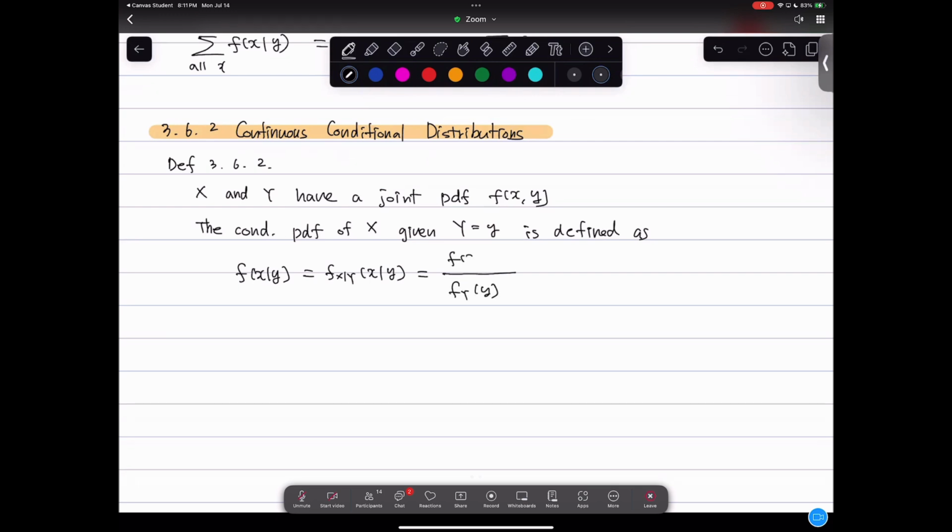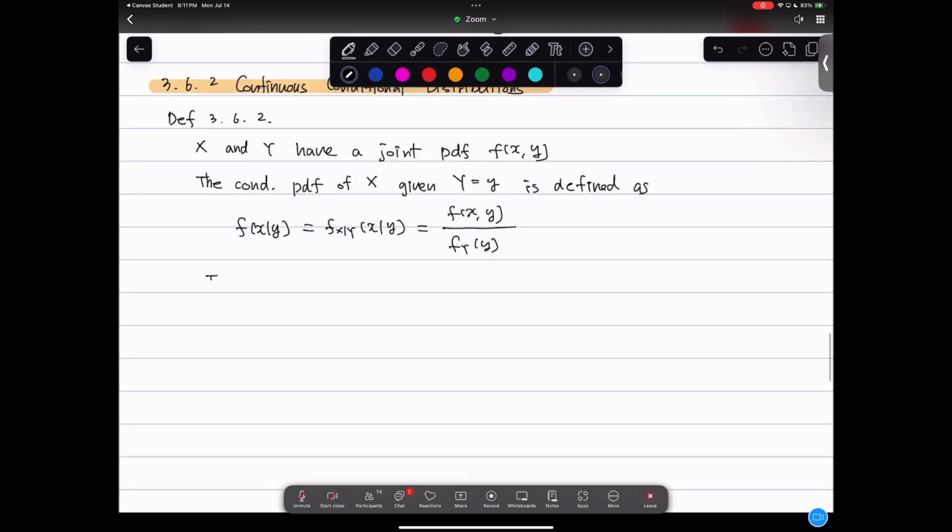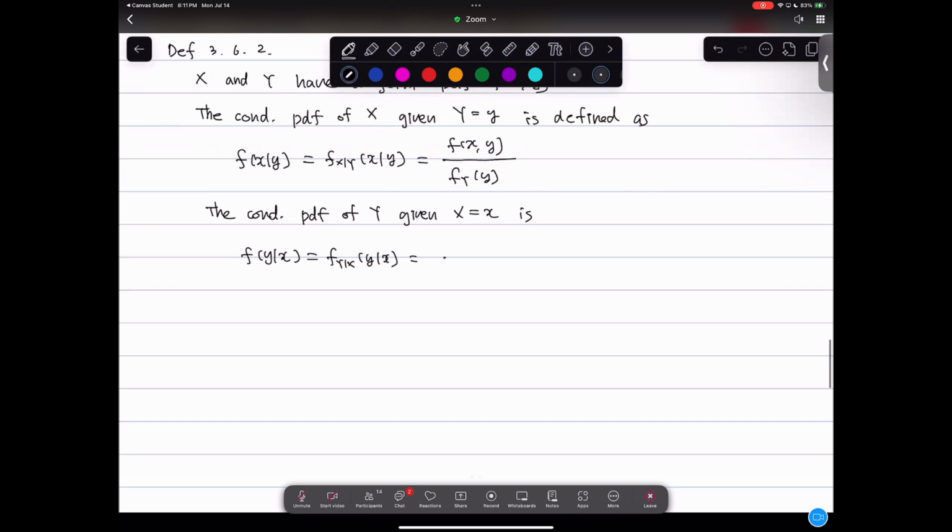And in the same way, the conditional PDF of y given x is the following. We write it as y given x: the marginal of x in the denominator and the joint on top. So it's a definition.